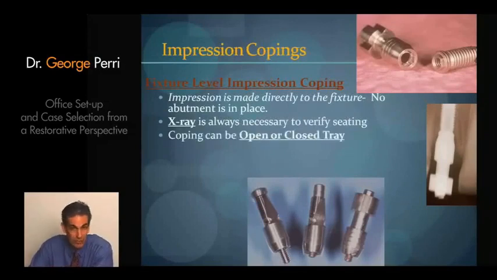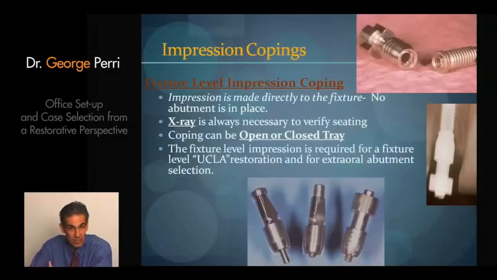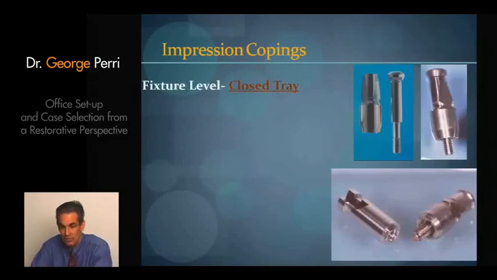The coping, as we've discussed, the same terminology applies, can be open or closed tray. This impression will achieve an implant level model that will allow us to use a CAD/CAM type restoration, a UCLA abutment type restoration, whatever custom abutment or custom substructure we're hoping to achieve.